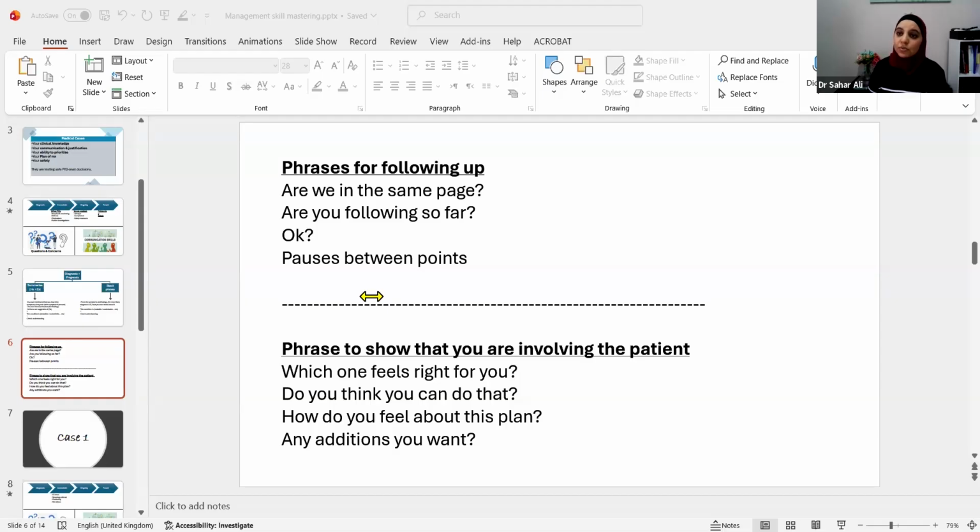But if the patient tells you, doctor, what's my diagnosis now? What do I have? And you tell him, well, I'm not sure, I will get back to the senior and come back, definitely you will have less marks.